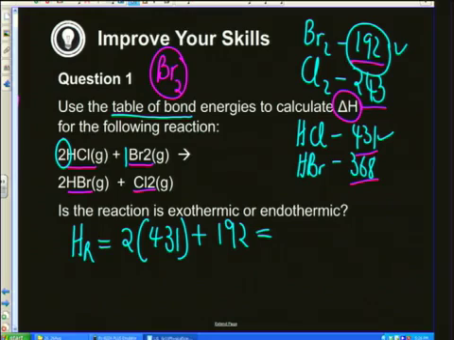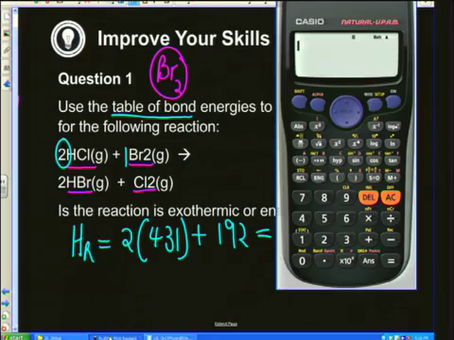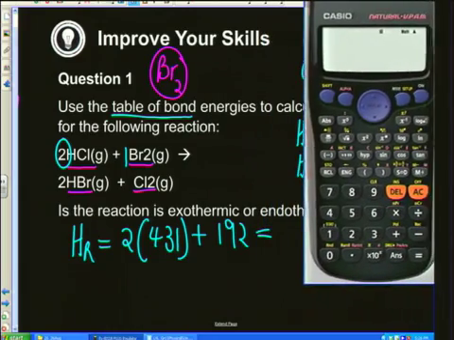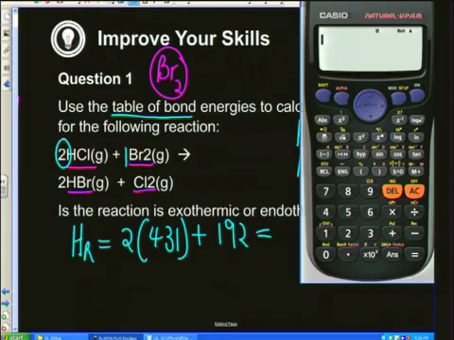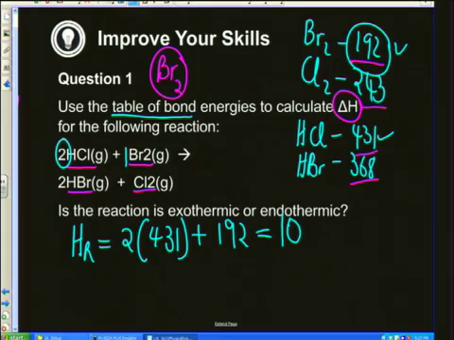That will be the energy of the reactants. Let's use the calculator: 2 times 431 plus 192. I need 1054 kilojoules of energy.